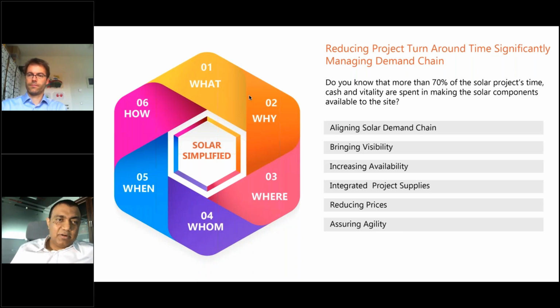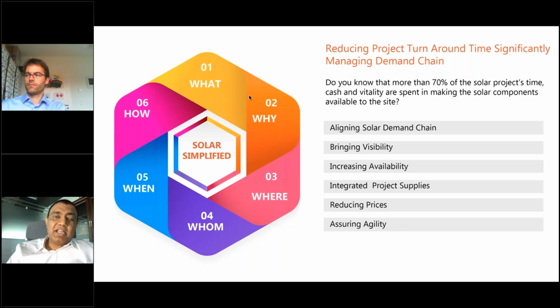As I said, the benefit is on two fronts. One is reducing the overall cost of procurement by around 2%, 3%, 5%, depending upon the size, depending upon location, or on a project to project basis. But 3 to 5% is a very common average which is being felt by most of the EPCs.